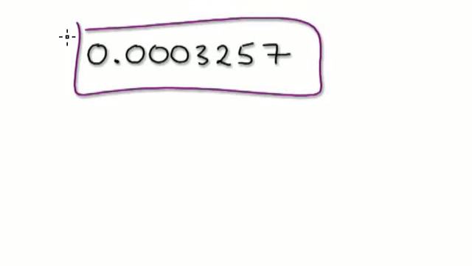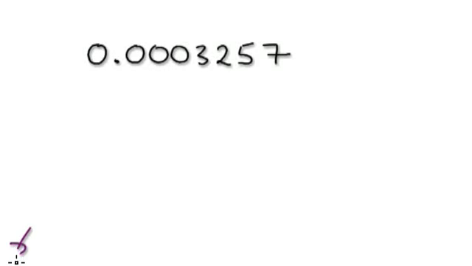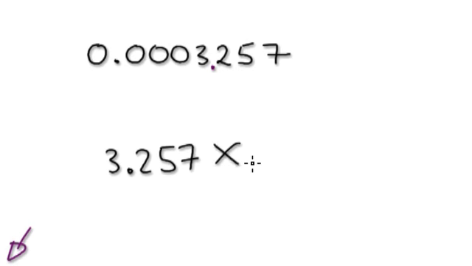Okay, next one here. Express this as standard form. So press pause and have a go. Again, we need the decimal to be here. So 3.257 times 10 to the power of, 1, 2, 3, 4.